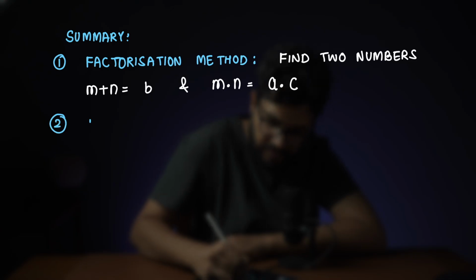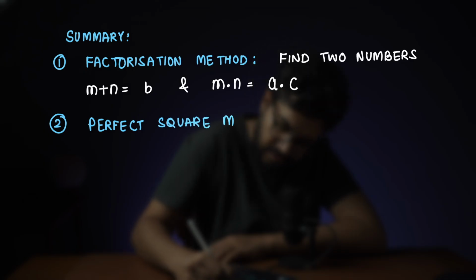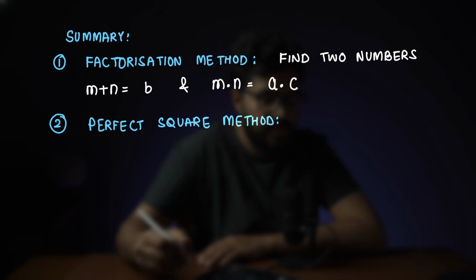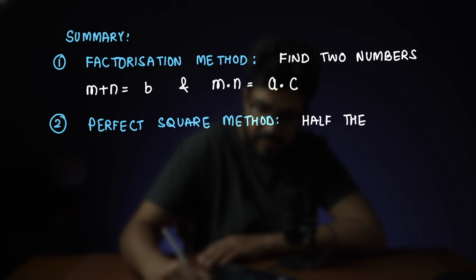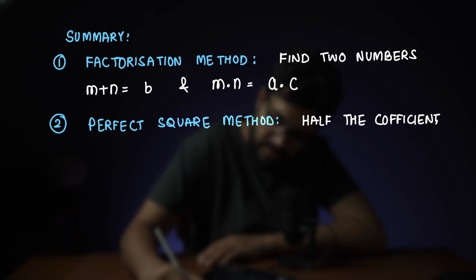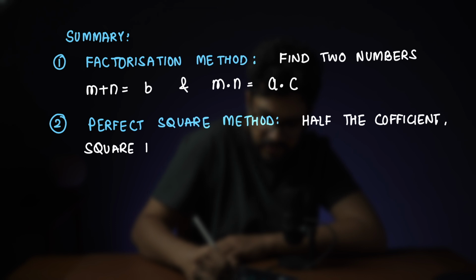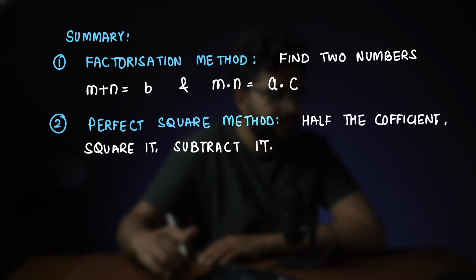Then we discussed the perfect square method. In the perfect square method, you halve the coefficient of the middle term, square it, subtract it, and make it a perfect square.